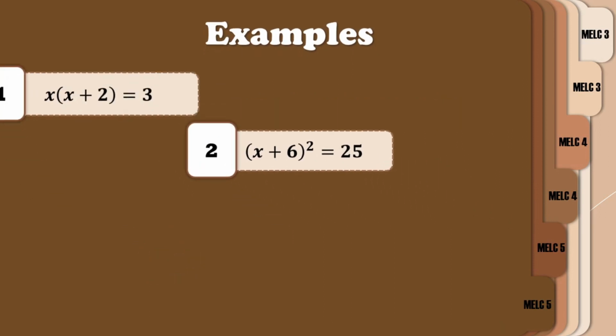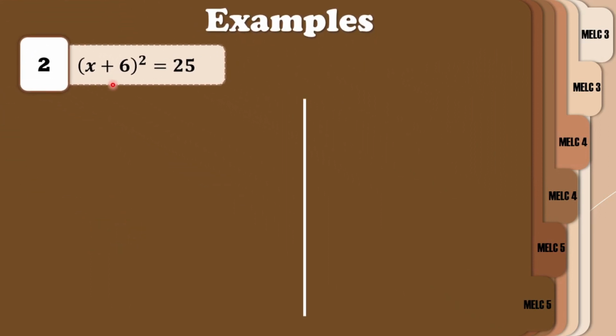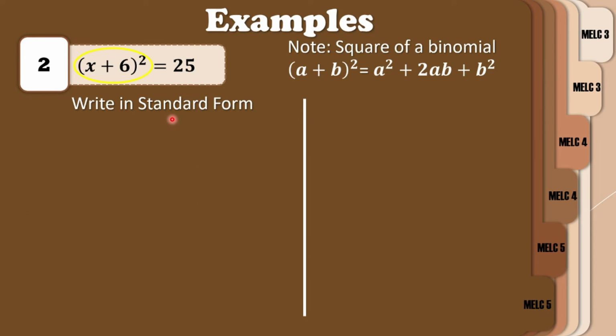We have the quantity or square of x plus 6 is equal to 25. So, pansin nyo na meron tayong square of binomial. So, para masulat ito sa standard form, we're going to use the square of a binomial.